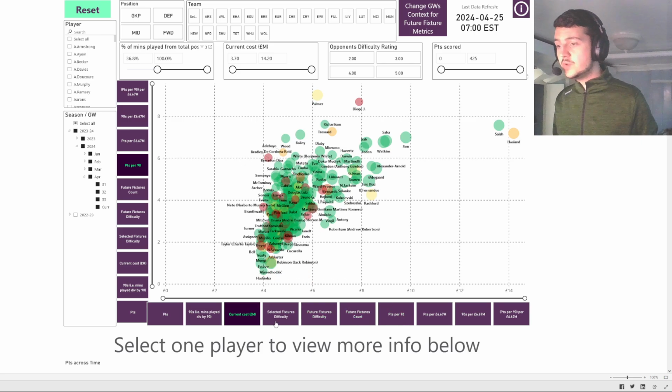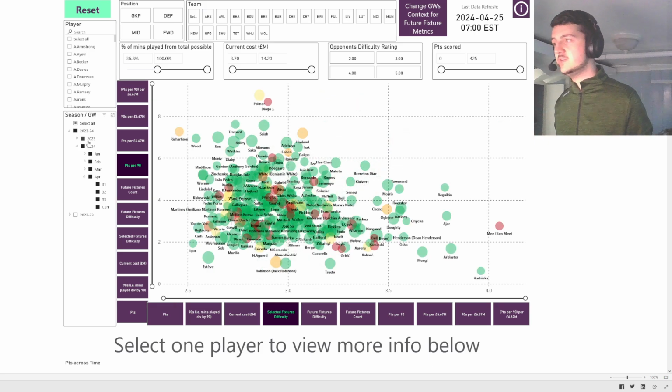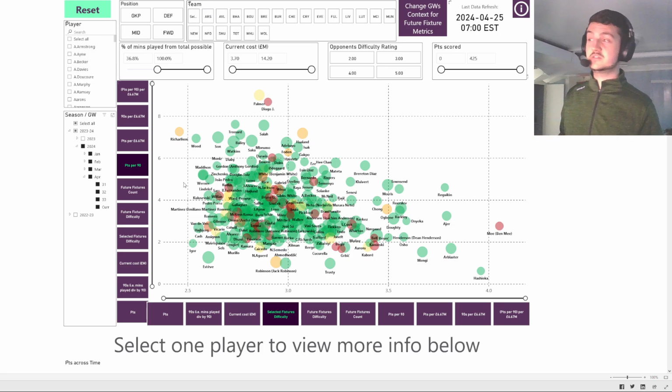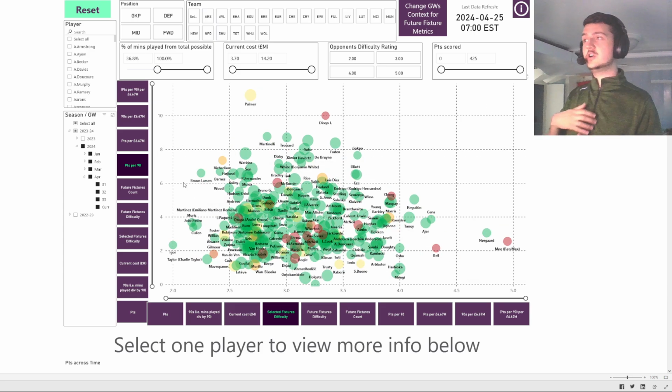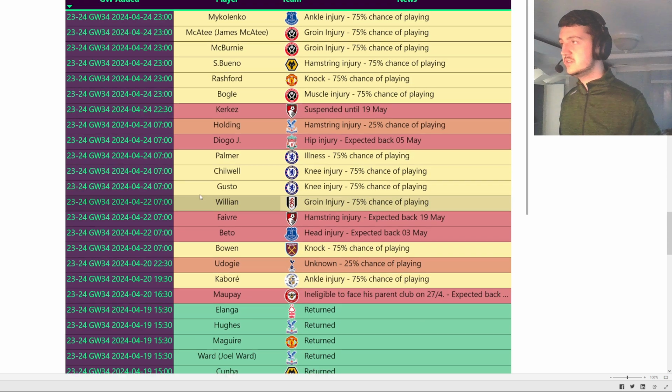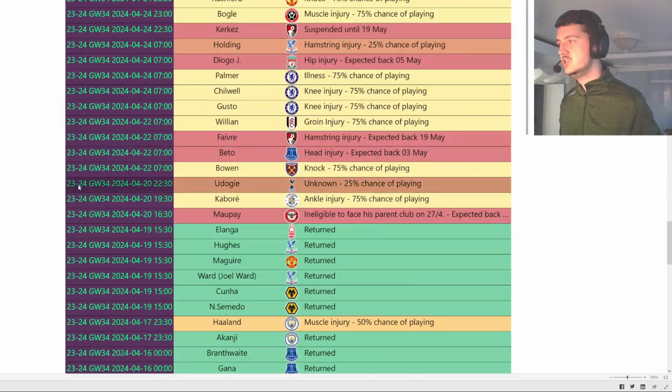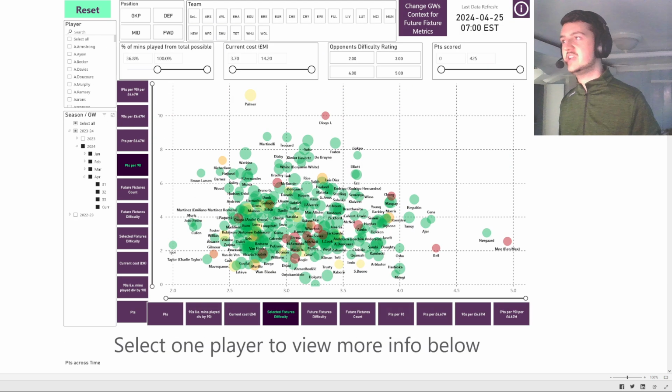So if we select the selected fixture difficulty, obviously this is going to change. Well, I say obvious. Intuitively you'd think it will change when you deselect a set of game weeks, and it does. So I just wanted to confirm that this is the way it works, and it works this way for all other metrics where you intuitively think it would. Right, so I showed you earlier with the news that it will only now be showing news from the selected time period of game weeks.